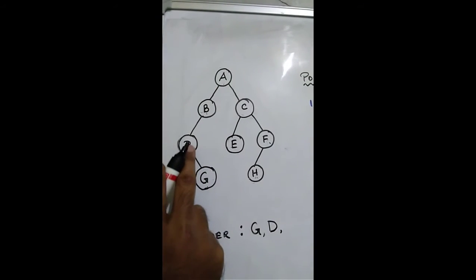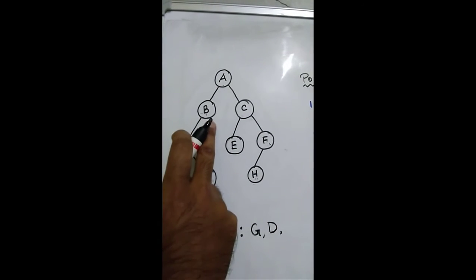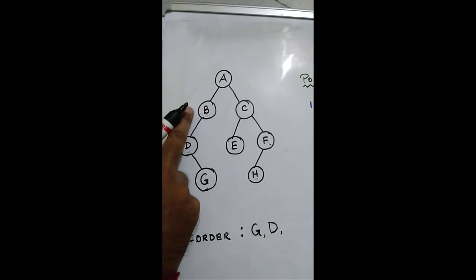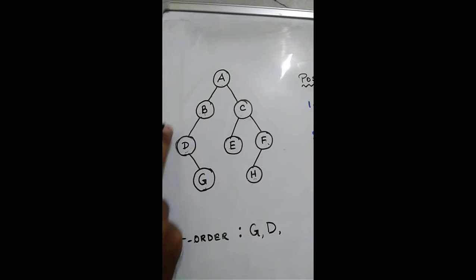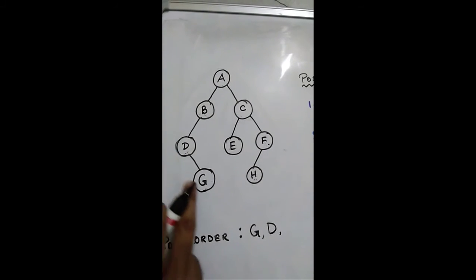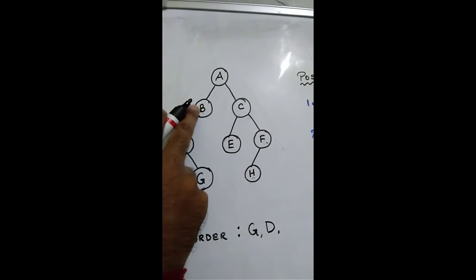Now we will move further to the left subtree where B is the root. We have visited the left part, we have also visited the right part, so we will visit the root of this one.